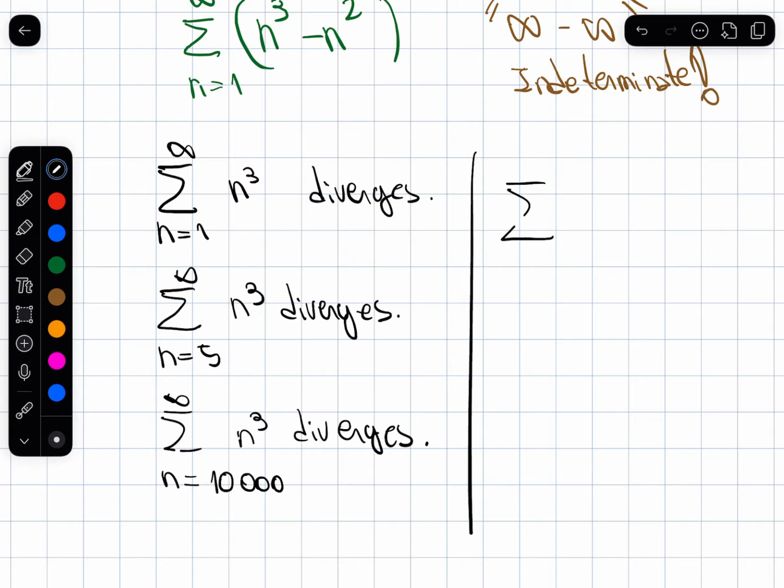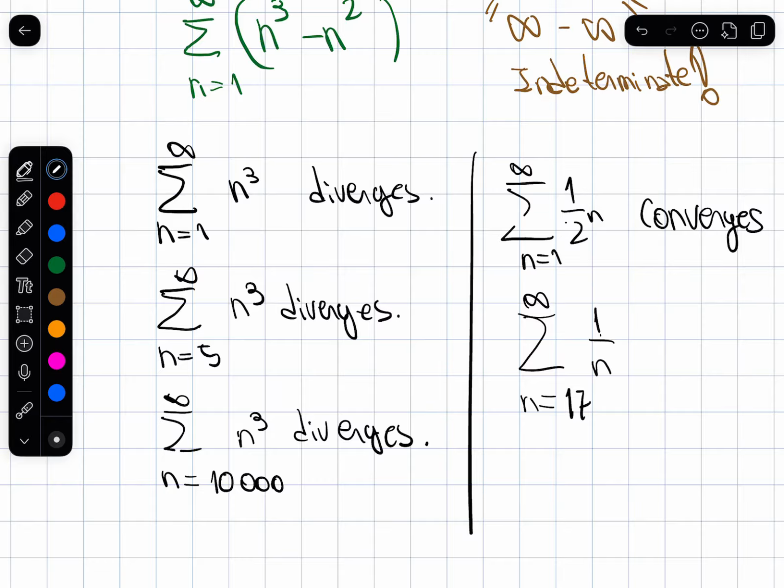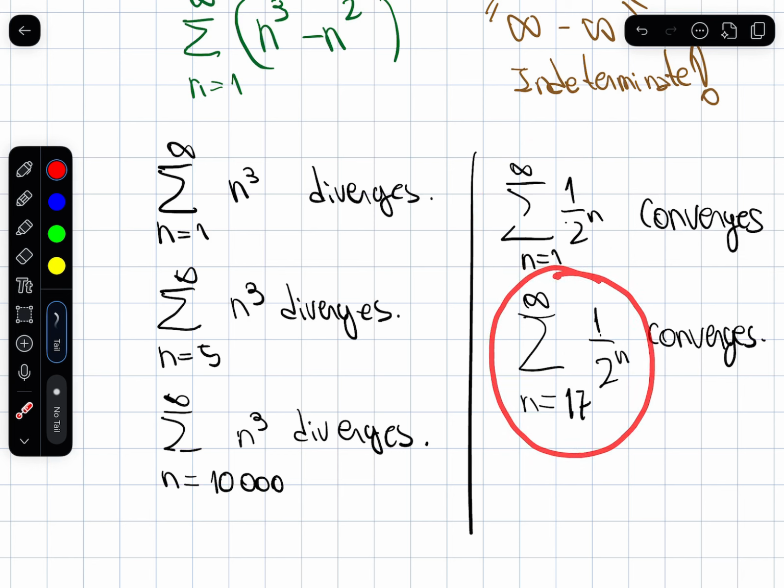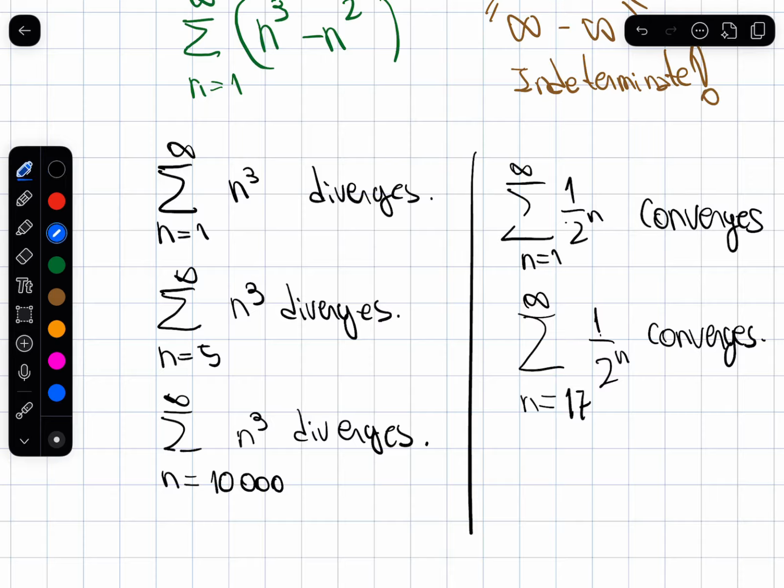Likewise, this one converged, we'll say converges. And so even if you take away a bunch of terms, this will also converge. So again, we calculated this added to 1. This is no longer going to add to 1 because you took away some terms, but it will remain convergent.